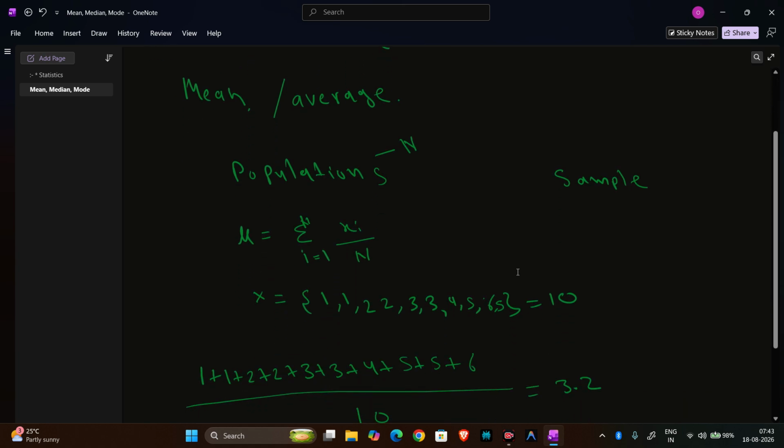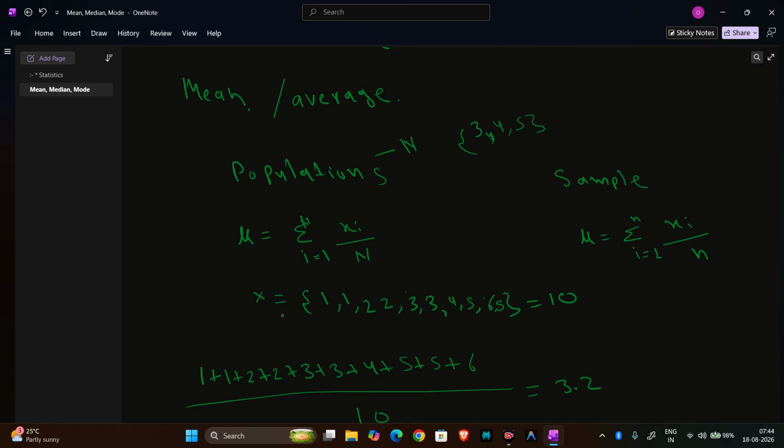How can we calculate it for sample data? Sample data is some data that we take from the population. Of the 10 values, we take, say, 3, 4, 5. This is called sample data. The formula is the same: the summation of xi from i equals 1 to n, divided by n, where the sample size is denoted by small n.